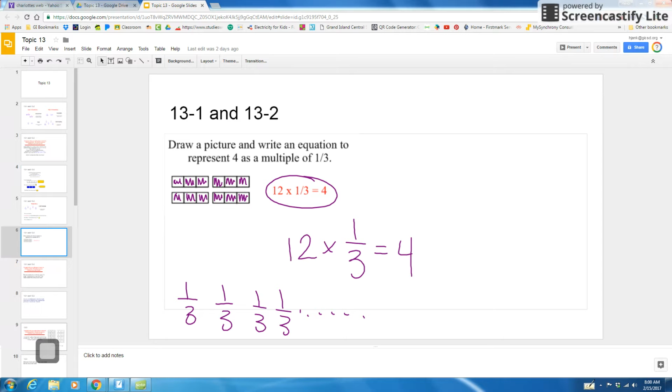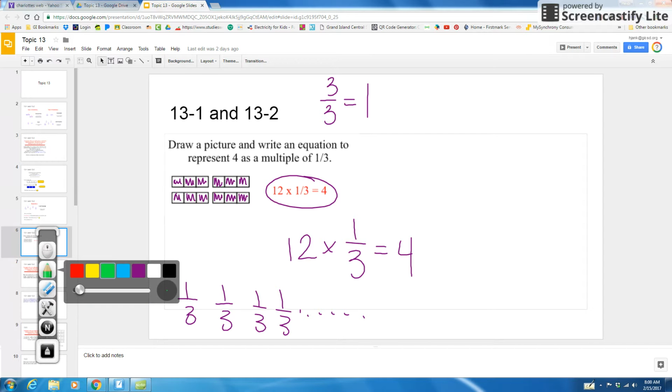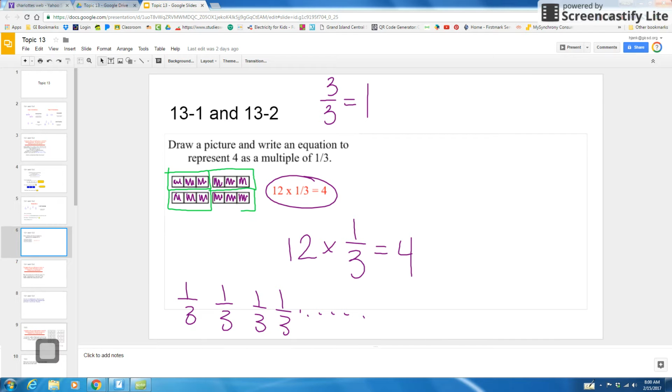Because I know I'm working with thirds, I'm going to make a little mental note up here. 3/3 is equal to 1 whole. So I'm going to switch to a different color to kind of make this a little more visual. Here is 1 whole. Here is another whole. Here is another whole. And there's another whole. So there is where our 4 comes from. Okay?